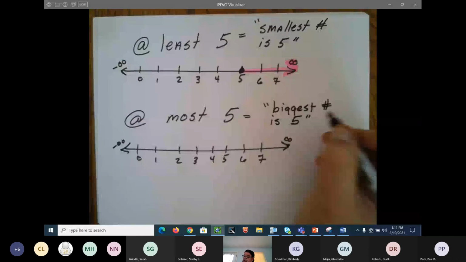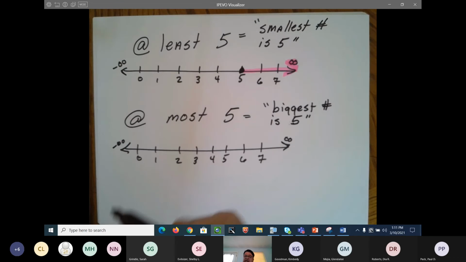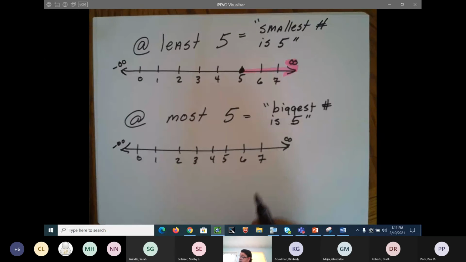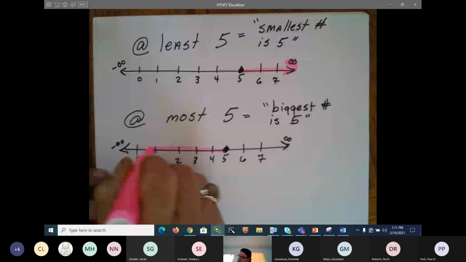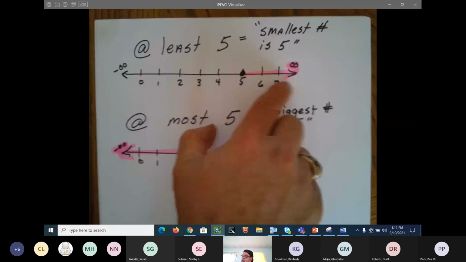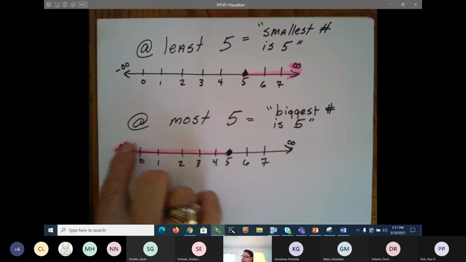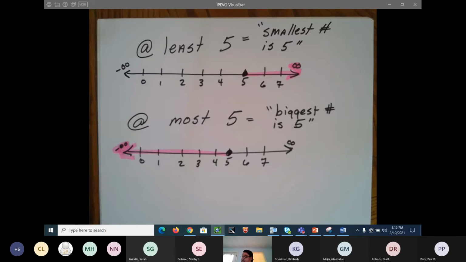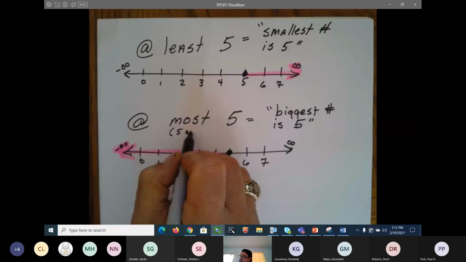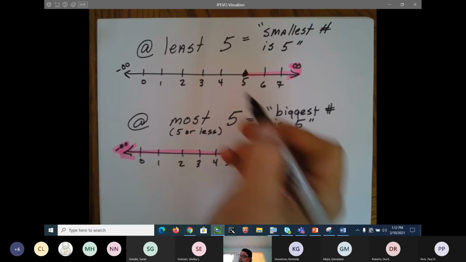Because these are two, besides the one I just showed you with the less than and more than, that students really struggle with. When you see "at least 5," that means 5 or more. When you see "at most 5," that means 5 or less.